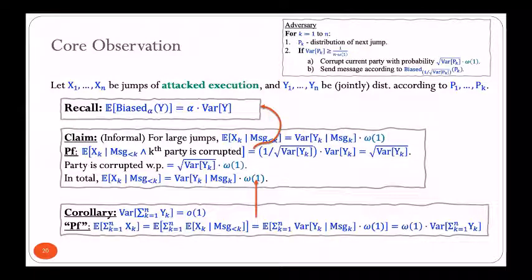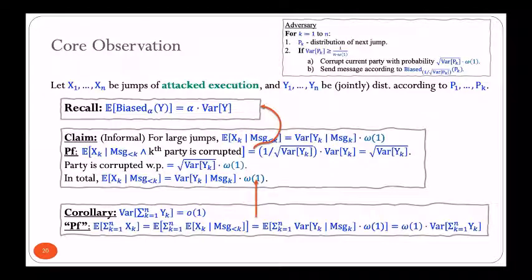This is true since, roughly, and I'm ignoring some details, the expectation of xk is equal to the variance of yk, and the expectation of xk is between 0 and 1, since this corresponds to the output, right? Half plus the sum over all jumps is going to be the output of the protocol. And this is always between 0 and 1, which means that omega of 1 times the variance is somewhere between 0 and 1, meaning that in total, the variance is little o of 1.